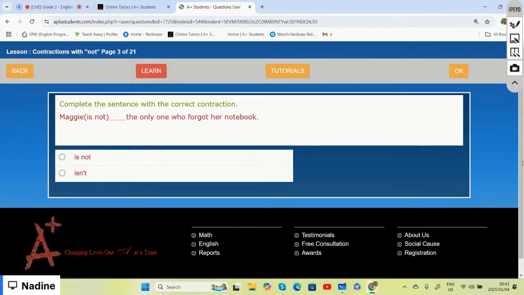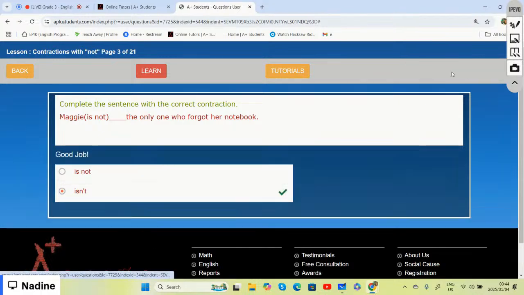If we were to choose the correct option, then yes, option two, isn't. Is not, isn't. The only one who forgot her notebook. Well done.